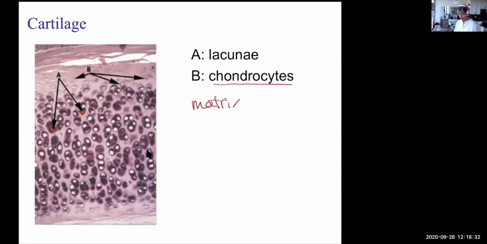I need to look up the name of it because I don't remember it exactly. It's chondro something or other. Rubbery. That's the consistency. It is a rubbery matrix. We'll just call it cartilage.